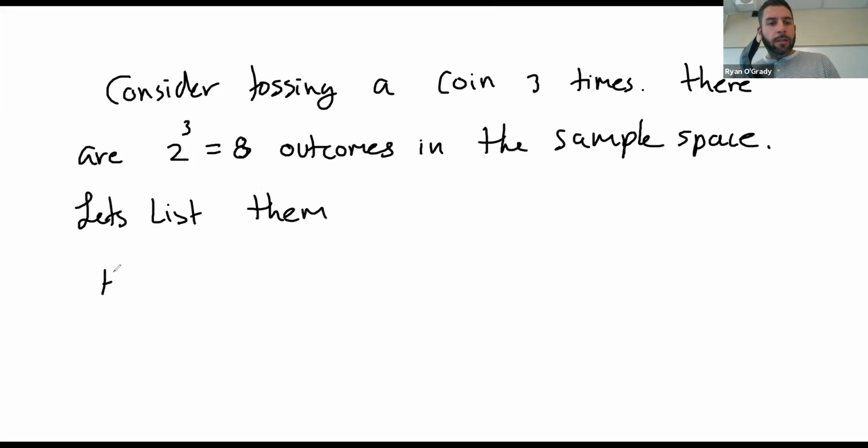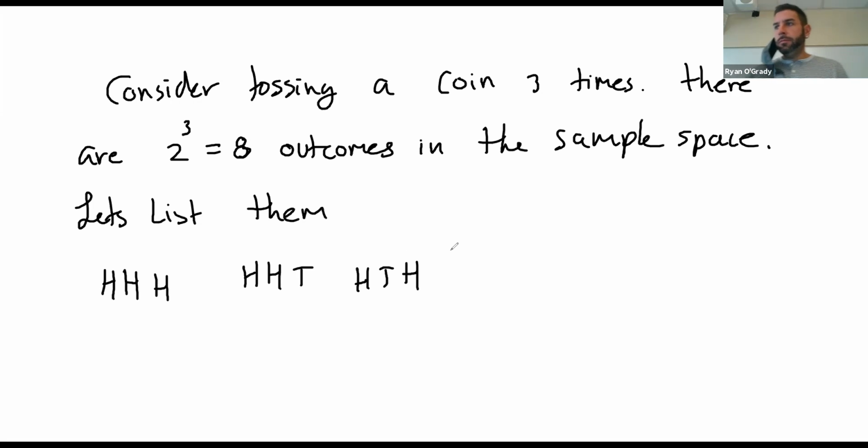So there's heads, heads, heads. That's one option. We can have the option heads, heads, tails. We can have the option heads, tails, heads. Or we can have the option tails, heads, heads. That's the first 4.